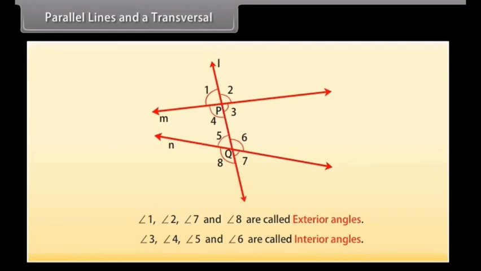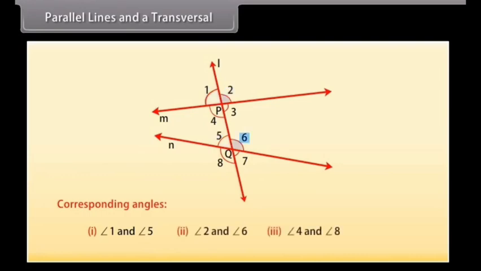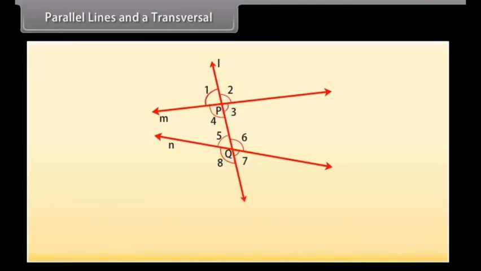We also studied that when a transversal intersects two lines, we get some pairs of angles. Let's go through them one by one. First is corresponding angles. These are angle 1 and angle 5, angle 2 and angle 6, angle 4 and angle 8, angle 3 and angle 7. Second is alternate interior angles.